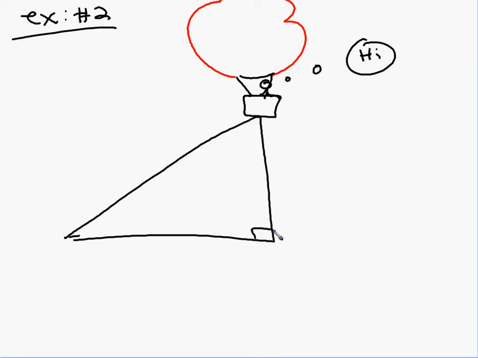And it just so happens that we have a nice little right triangle again. A hot air balloon rising straight up from a level field is tracked by a rangefinder 500 feet from the liftoff point. So this is 500. You've got this dude over here with a rangefinder looking up.